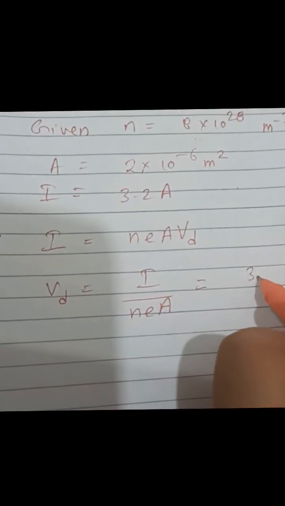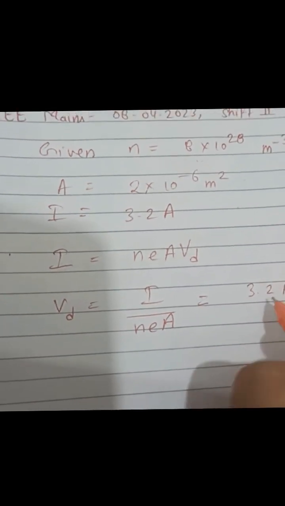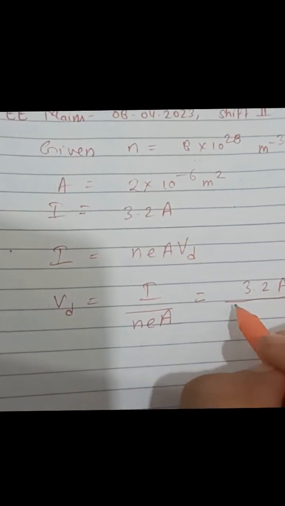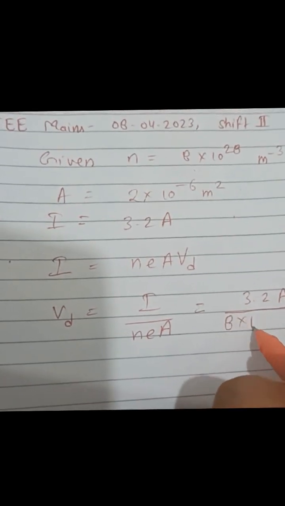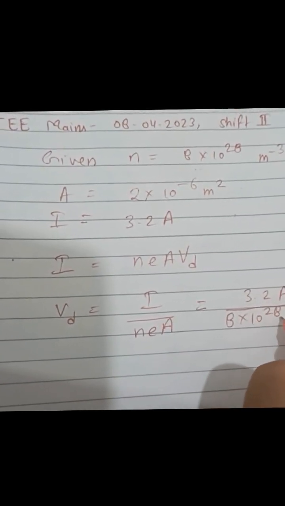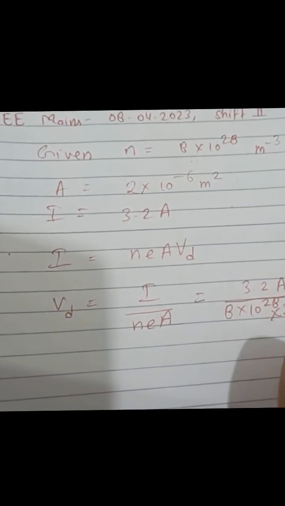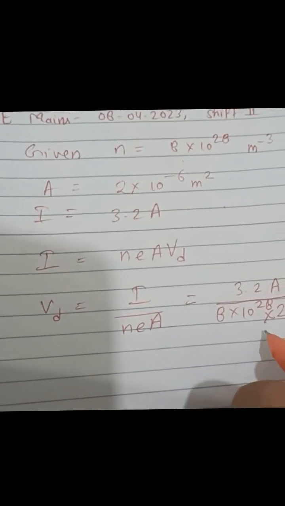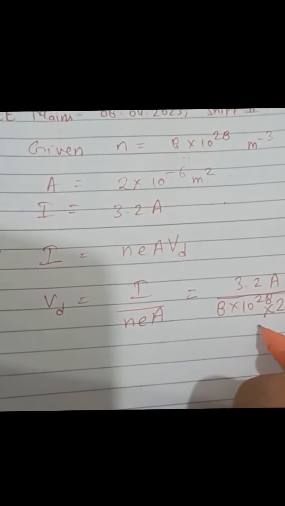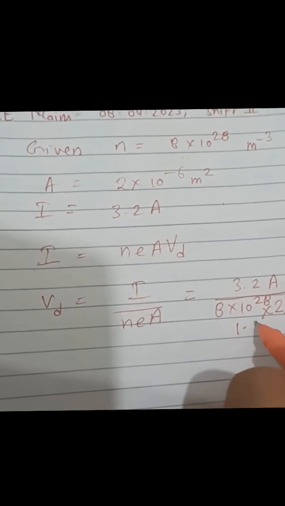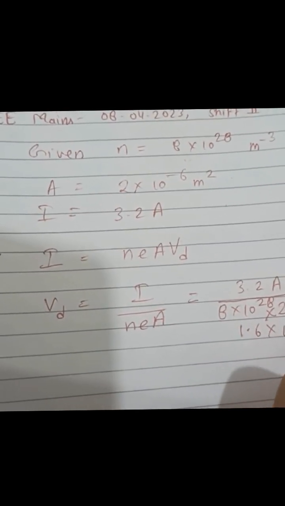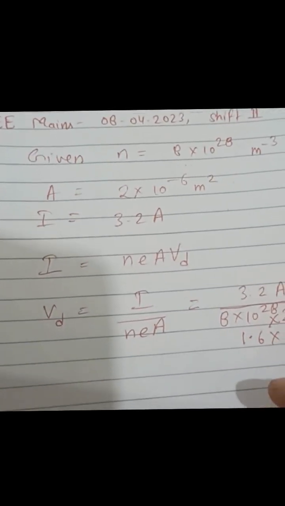I is 3.2 ampere upon N, which is 8 into 10 to the power 28, area is 2 into 10 to the power minus 6, and the charge on the electron is 1.6 into 10 to the power minus 19 coulomb.